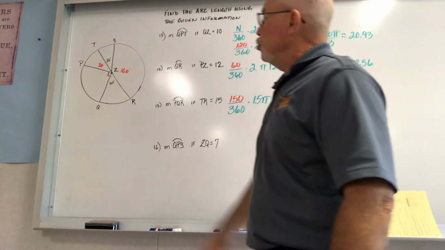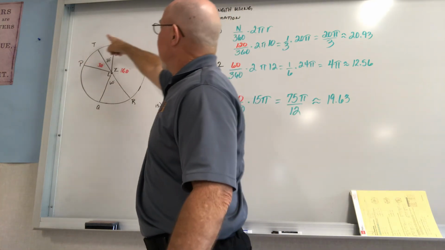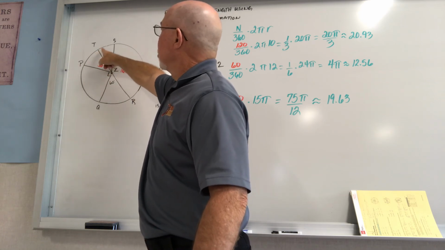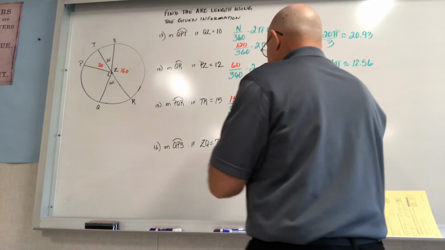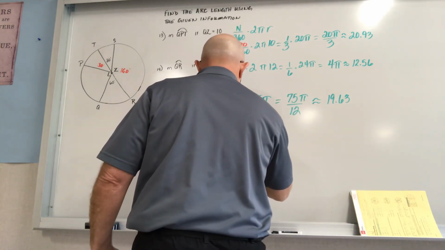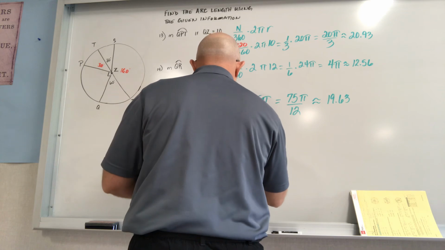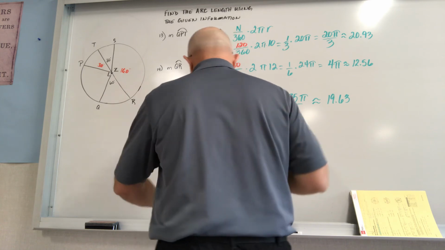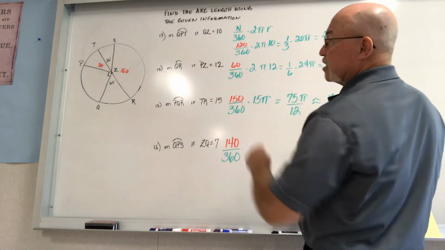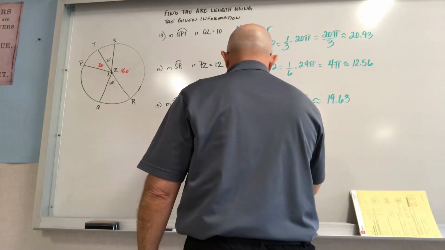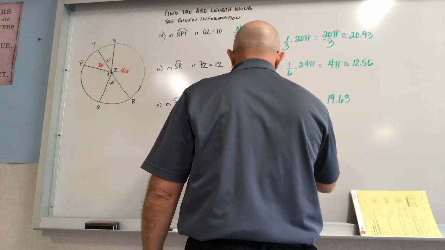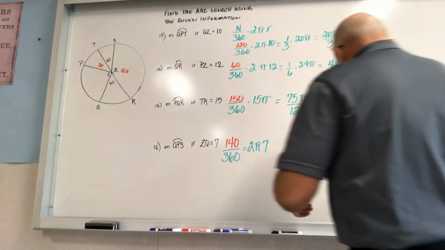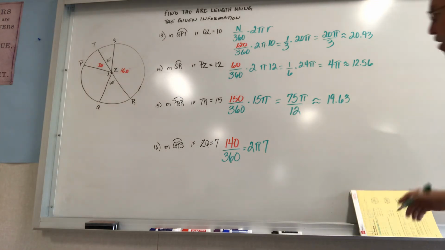And the last one, we're looking for Q, P, S. Q to P is 90, plus 30, plus 20 gives me 140. ZQ, yes, that is a radius. So I'm going to break this down, however you want to do it.